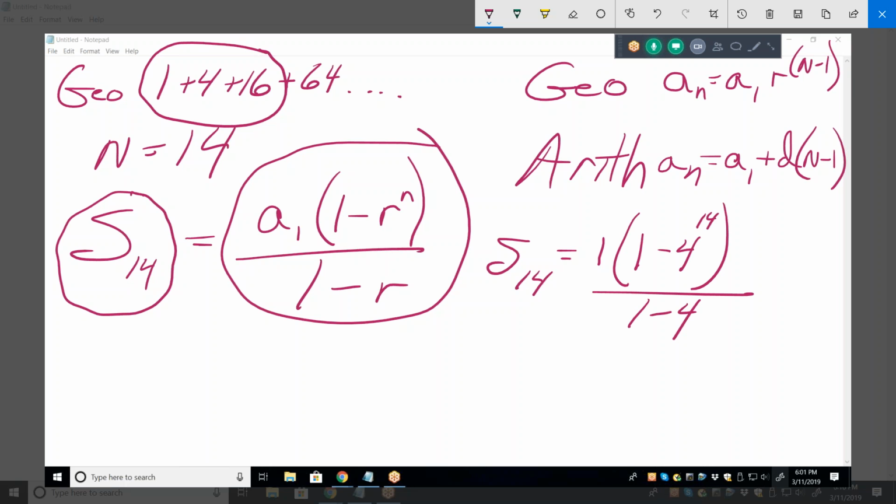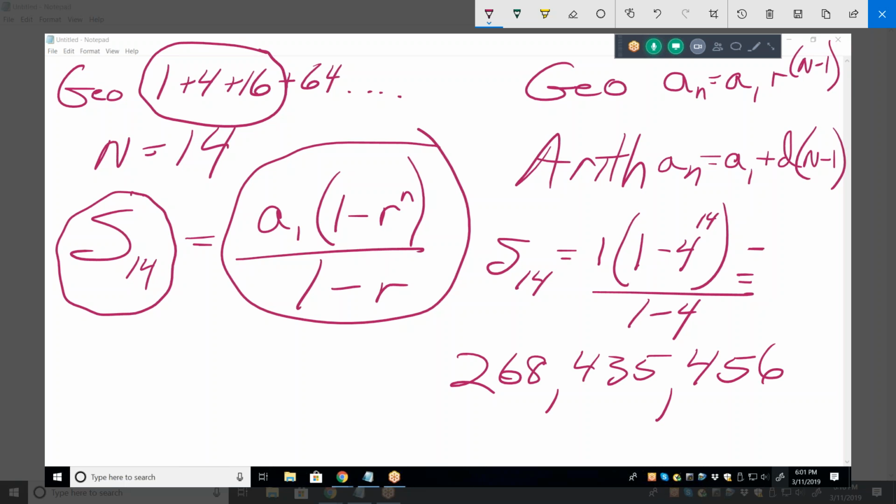Do you have a calculator? Yeah. Go ahead and figure out what 4 to the 14th power is. Oh boy. It's going to be a big number. 268,435,456. Now that's what 4 to the 14th is?